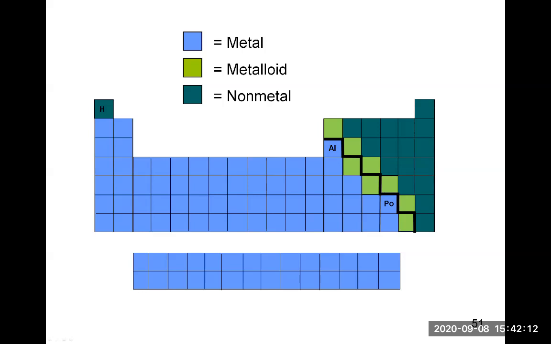Except, be careful, aluminum is not considered a metalloid, but a metal. And polonium is also considered a metal, not a metalloid. So there are really only 1, 2, 3, 4, 5, 6, 7, maybe 8 metalloids at most.